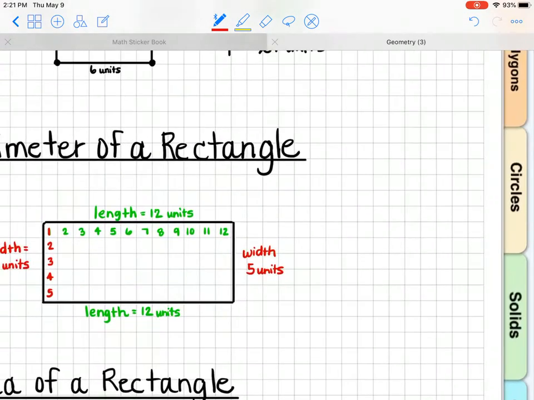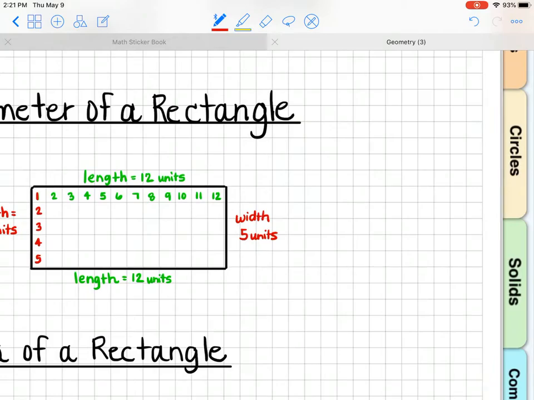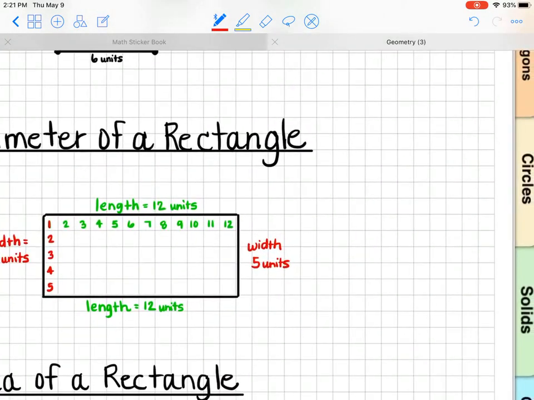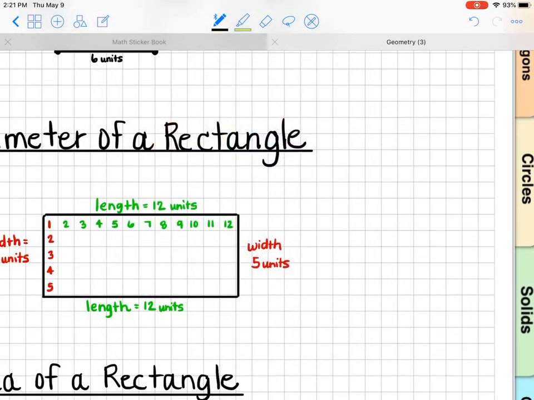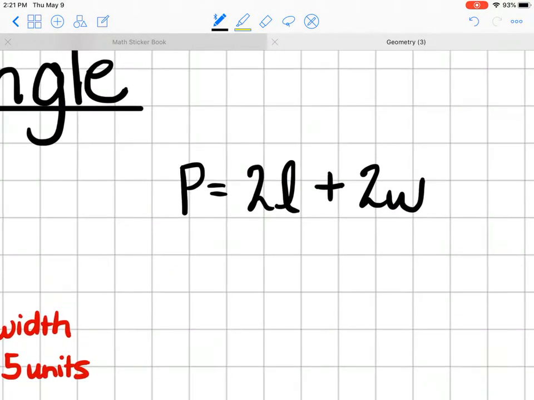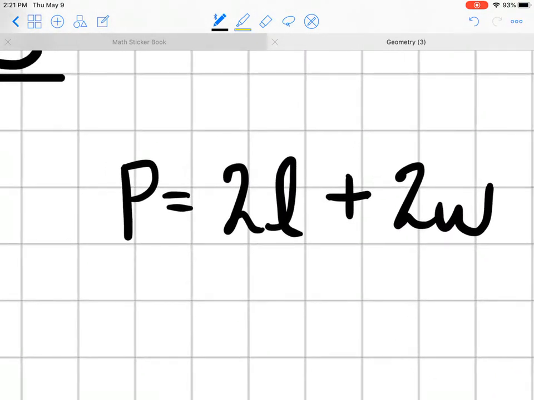And here's the formula. I'm trying to keep this all in frame, but it's not working too well. Okay, the perimeter of a rectangle looks like this. And so let's dissect the formula.